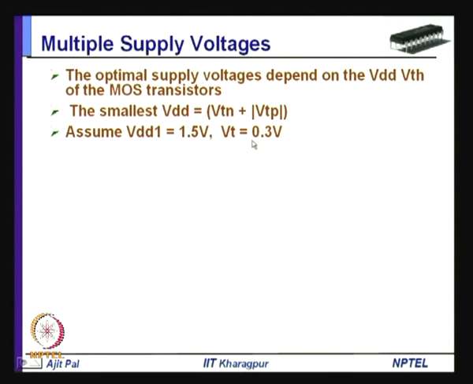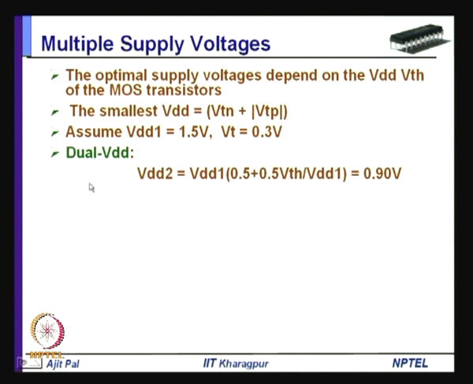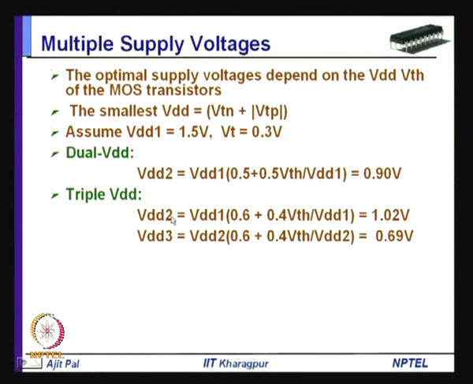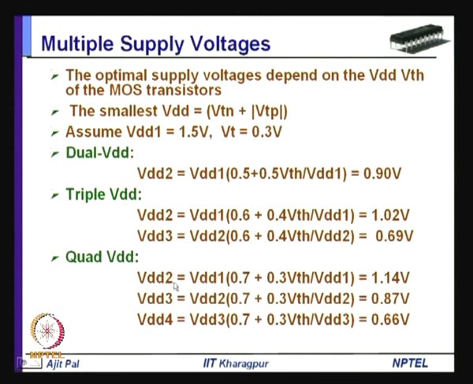This is the high VDD of 1.5 with threshold voltage 0.3, and whenever you go for dual VDD, the second supply voltage is 0.9 volt; this is the thumb rule used to choose the second VDD. For triple VDD, the second and third voltages selected are 1.02 and 0.69, and the first voltage is 1.5 volt. For quad VDD, with the same thumb rule, VDD 1 is 1.5 volt, VDD 2 is 1.154 volt, VDD 3 is 0.87 and VDD 4 is 0.66 volt.